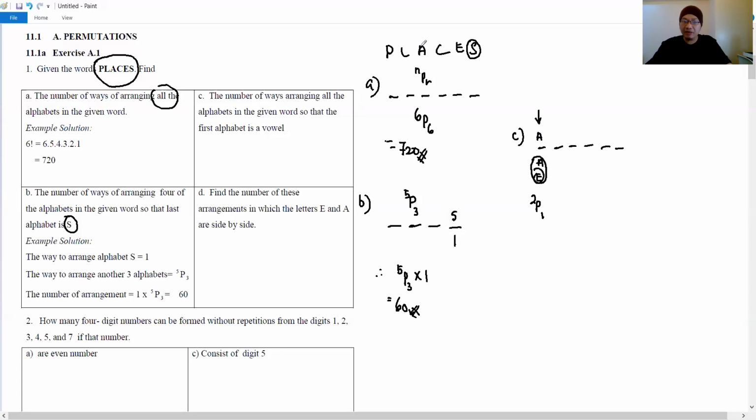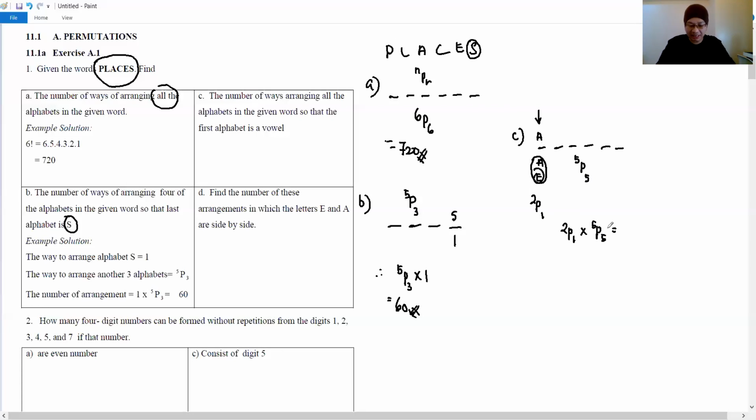If I already put the A here, it will be P, L, C, E, S. There are 5 words available now. So how to fill in these 5 places? There are 5 available words, and we need to arrange 5. So it will be 2P1 times 5P5.